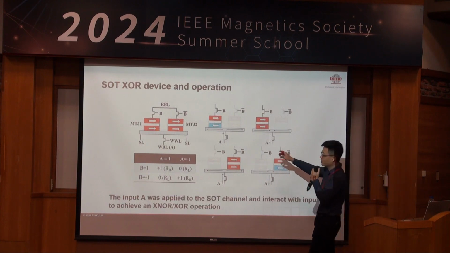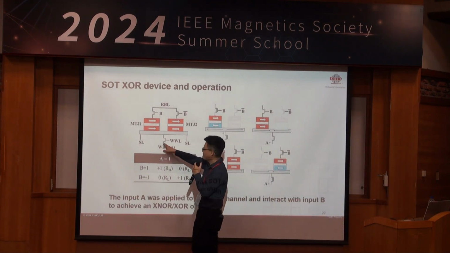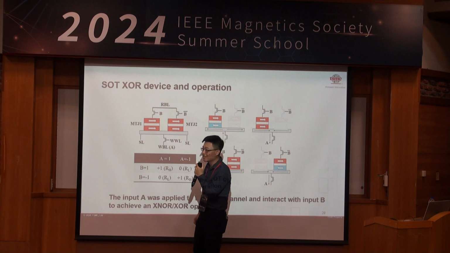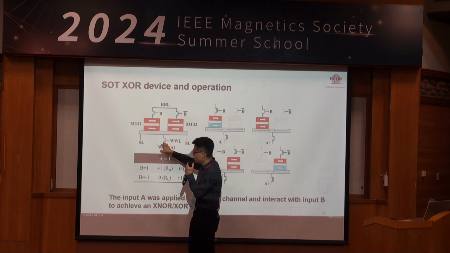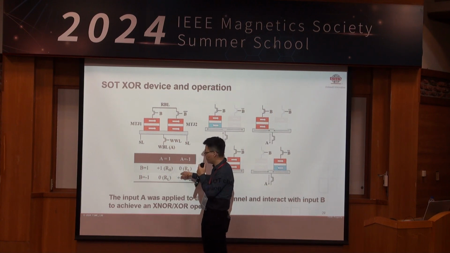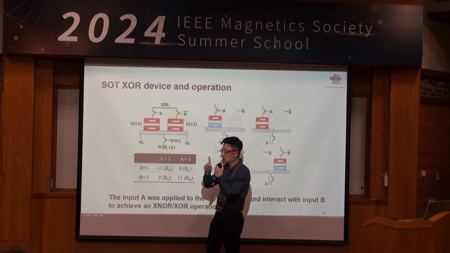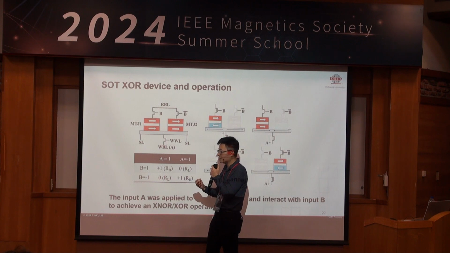So you treat your write current as one input, and your word line as another input, right? Yes. For this one, you can store the memory and also have the operation. But if you use only 1T1R, that would be more like an AND function.